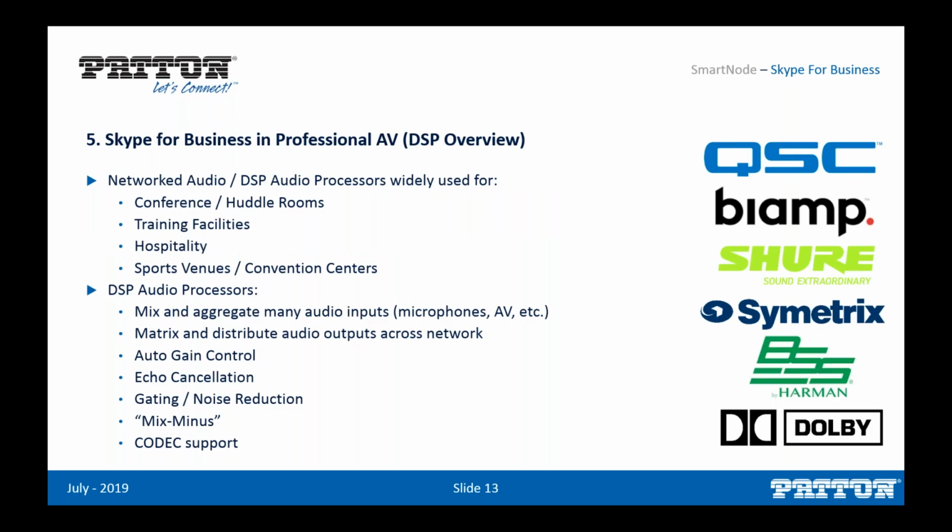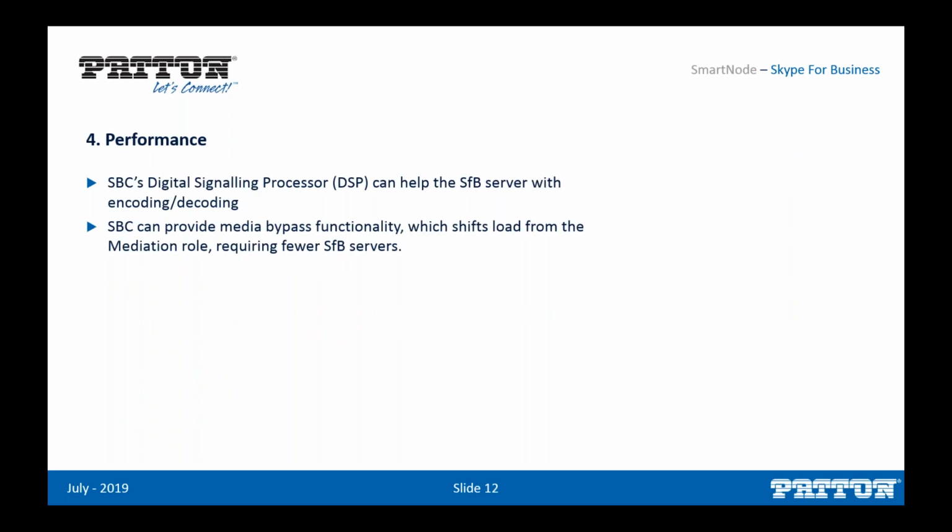That works for regular codec translation, but also for DTMF method translation. We support echo cancellation, so there are many features coming along with the SmartNode having the DSP capabilities.